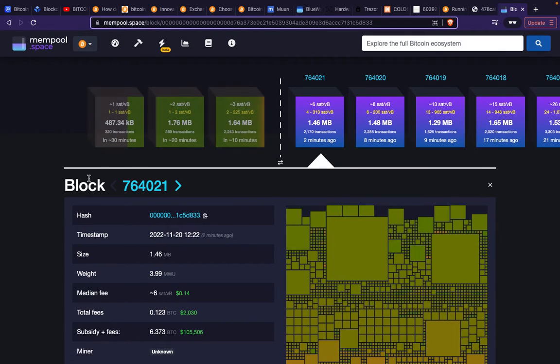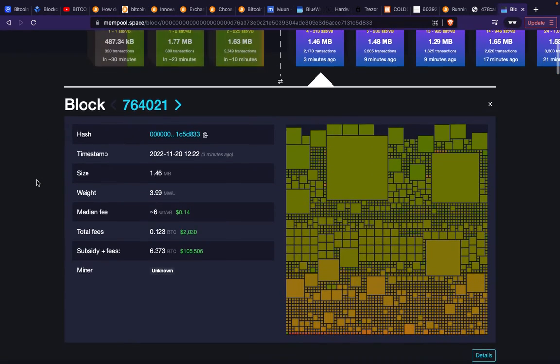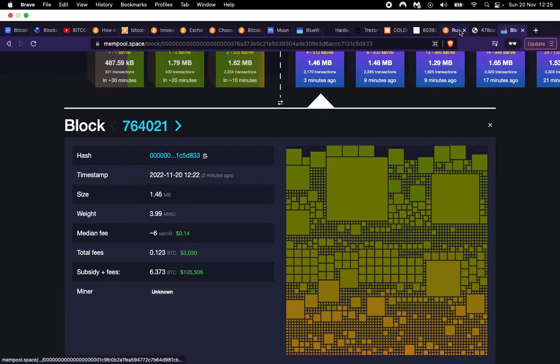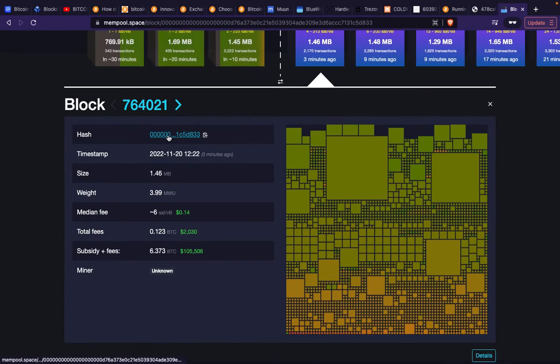And then you just copy the link and say, okay, this is the block at this time, this happened. Nobody can change the history of this block. It's always going to be there forever, as long as Bitcoin exists.